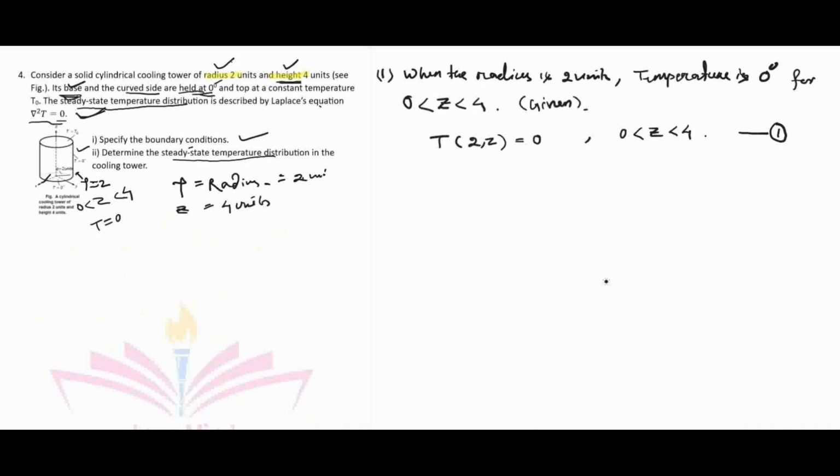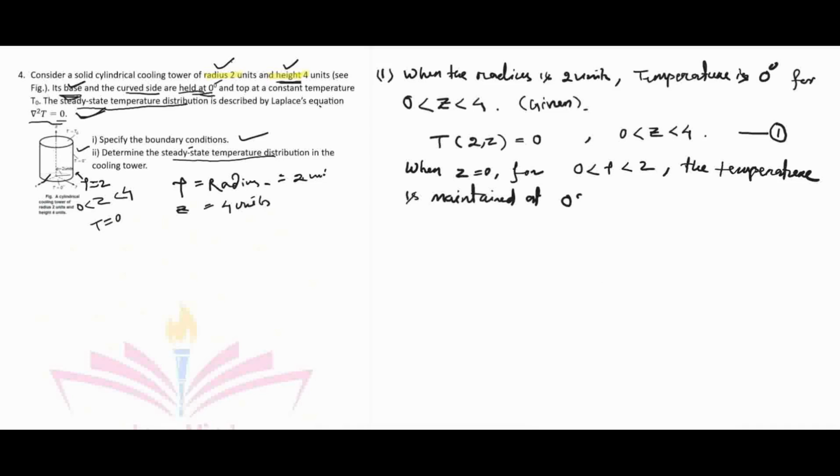So at the base, for 0 less than rho less than 2, that means the radius ranging from 0 to 2, the temperature is maintained at 0 degree.